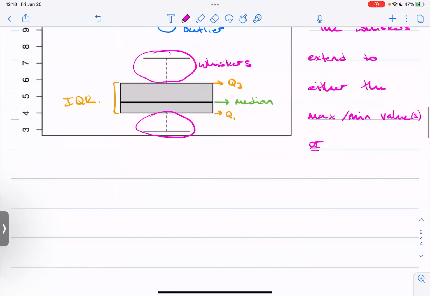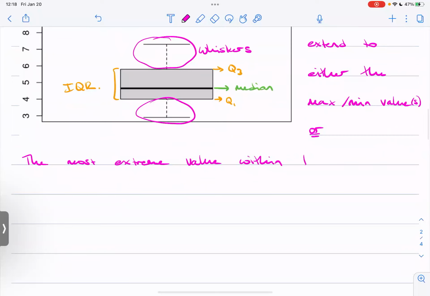Or the most extreme value within the upper or lower bounds. Okay.